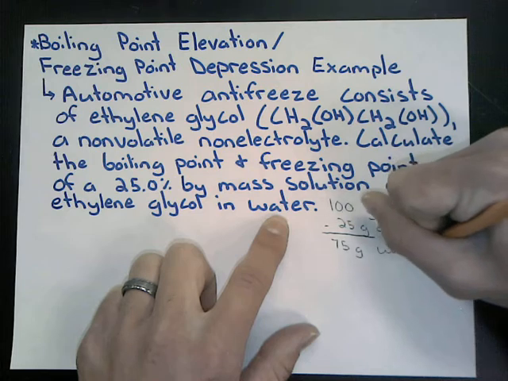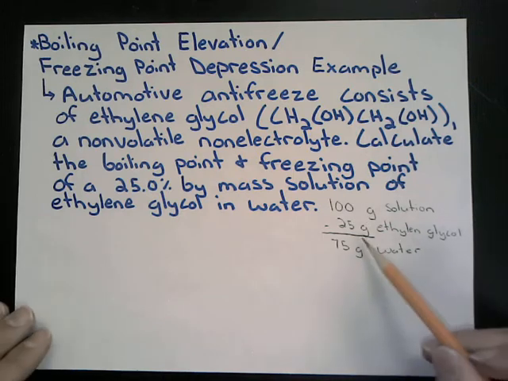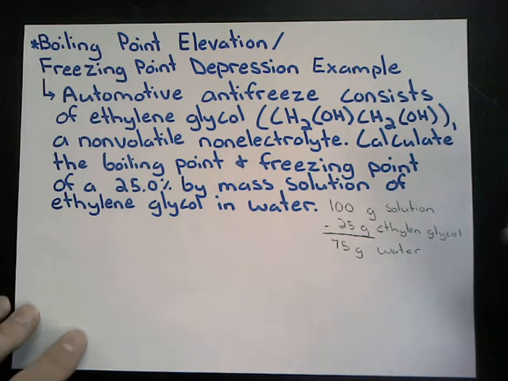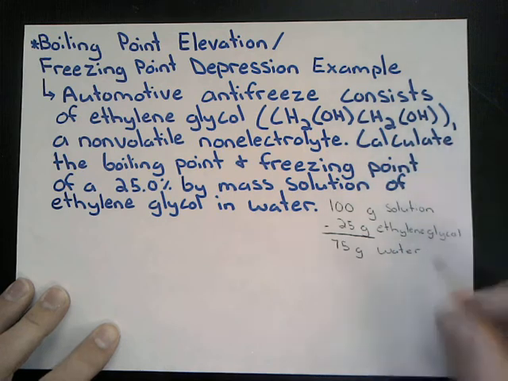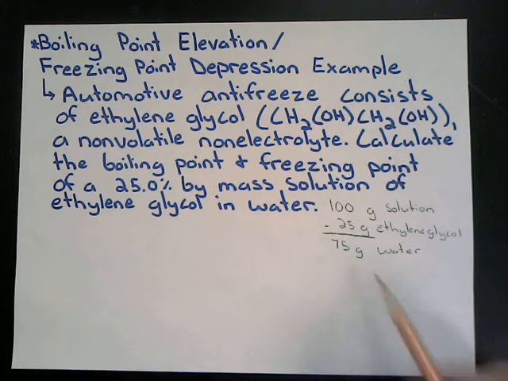So this is really nice because it breaks down what we have for our solvent and our solute. 25 grams of ethylene glycol is our amount of substance of the solute. 75 grams is our amount of solvent, or water in this case.